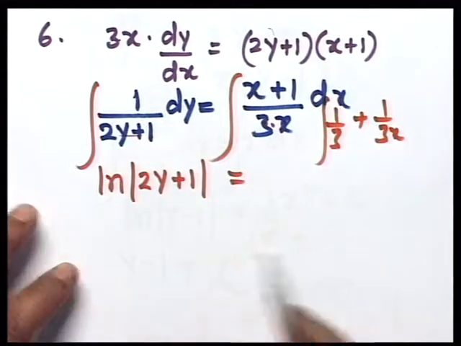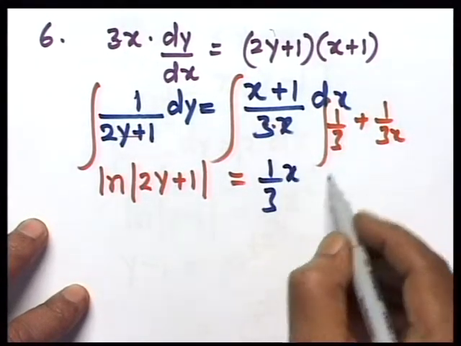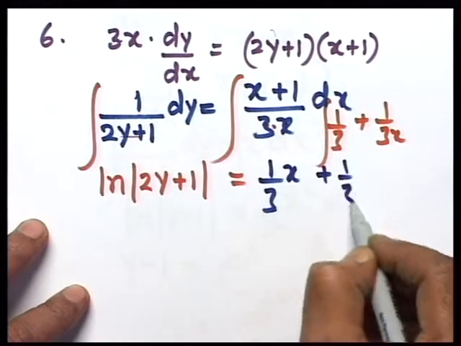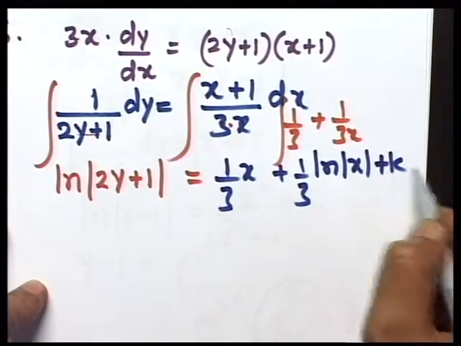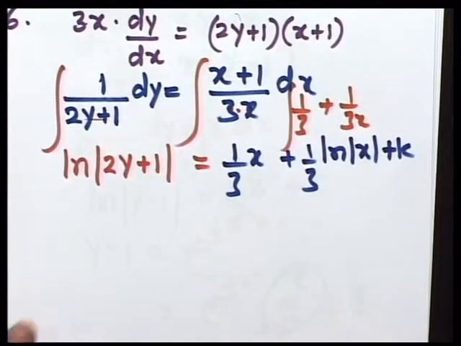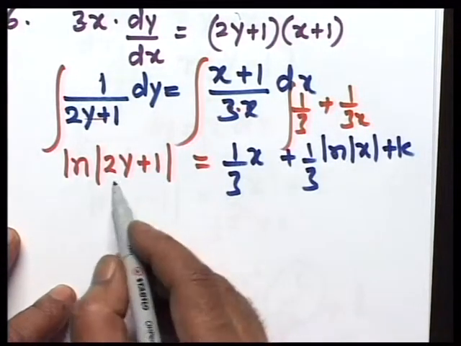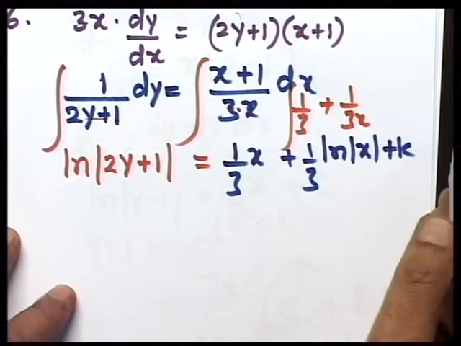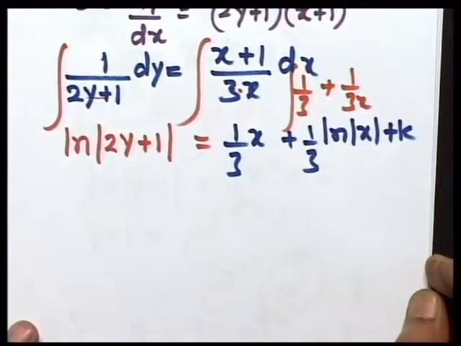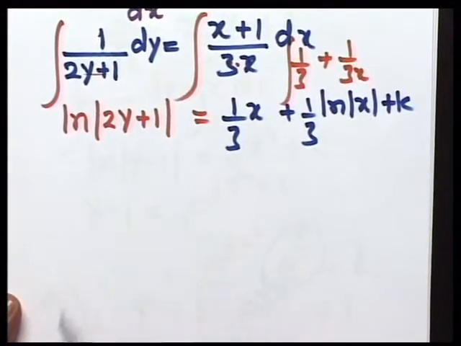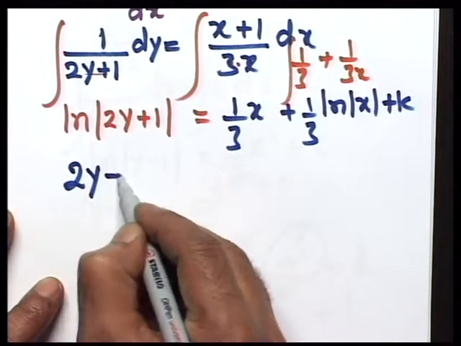So that's what we integrate, and we are supposed to get 1/3 x plus 1/3 natural log modulus x, plus k. Okay, we can leave it like this or make 2y plus 1 the subject, right? Then you have e to the power blah blah blah. You can put e for each one of them as a times sign. That's it, right? So if you want to just extend this to c, let's struggle a little bit there. 2y minus 1.